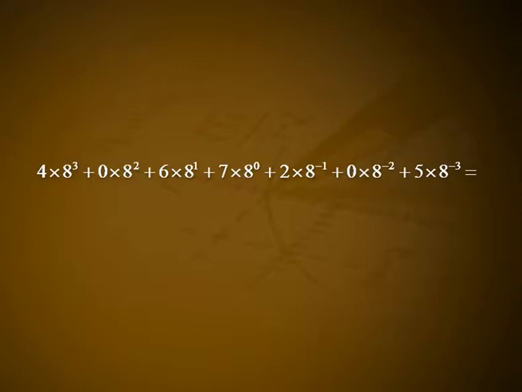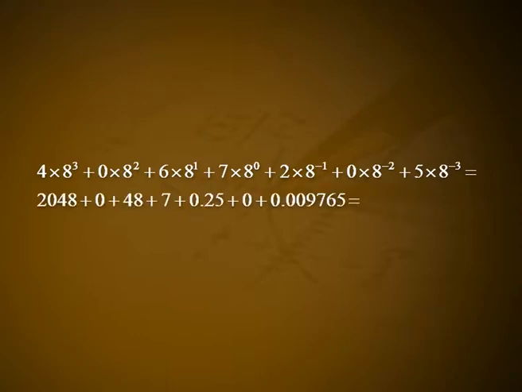The decimal equivalent of the octal number 4067.205 is 4 into 8 cube plus 0 into 8 square plus 6 into 8 raised to 1 plus 7 into 8 raised to 0 plus 2 into 8 raised to minus 1 plus 0 into 8 raised to minus 2 plus 5 into 8 raised to minus 3, which is equal to 2048 plus 0 plus 48 plus 7 plus 0.25 plus 0 plus 0.009765, which is equal to 2103.259765.